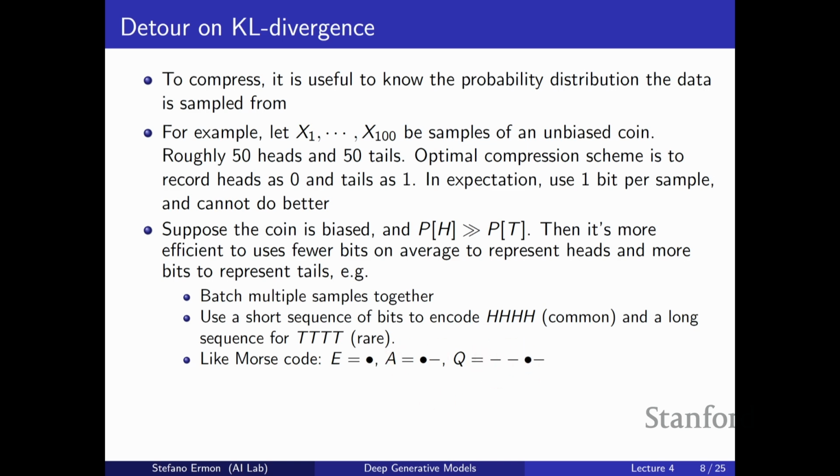That's because vowels are much more common in English. If you're trying to send a message to somebody, you're much more likely to use vowels. And so if you want to minimize the length of the message, you want to use a short encoding for frequent letters and a long encoding for infrequent letters.